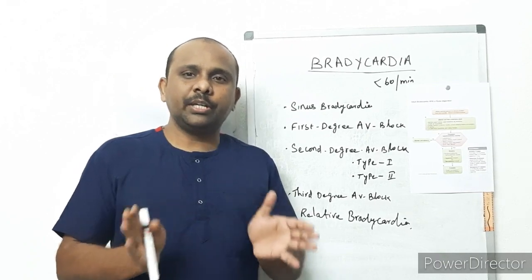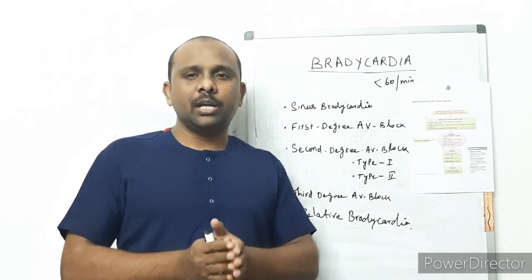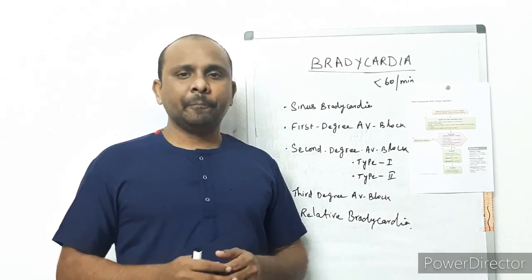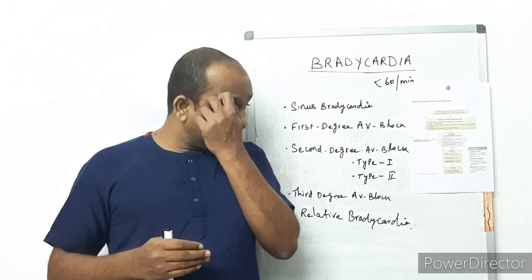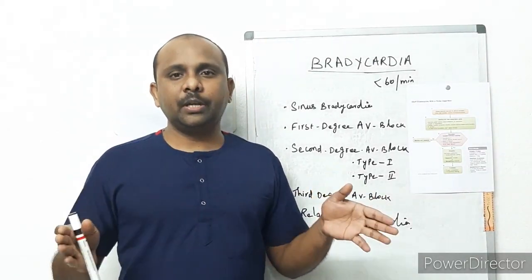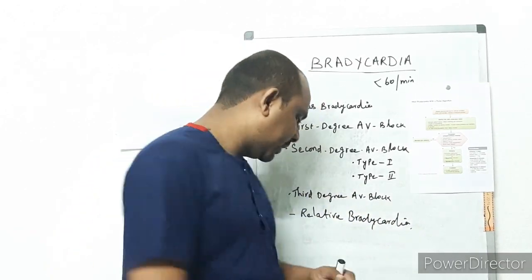When you are going to treat this bradyarrhythmia, whatever it may be, first degree, third degree, or drug induced, toxin induced, there is a specific terminology, known as symptomatic bradycardia.